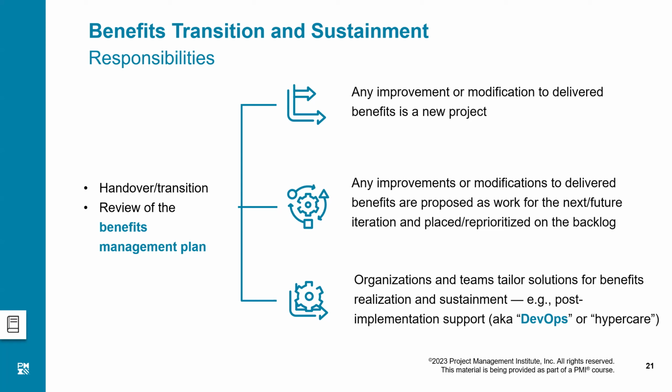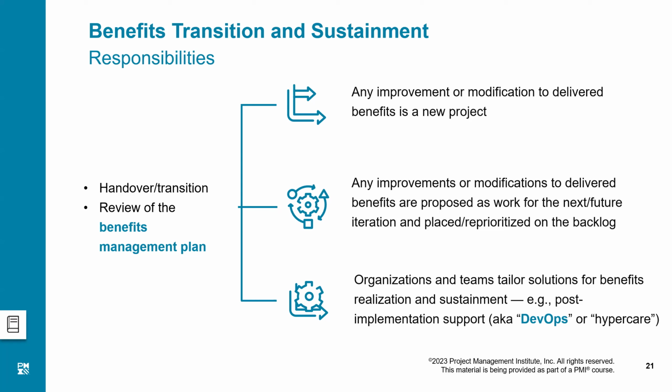But talking from the program management perspective, it is the responsibility of the program manager to ensure the benefits are transitioned and sustained to the customer. Anyways, in predictive projects, any improvement or modification to delivered benefits is a new project. So it is not a project manager's responsibility.